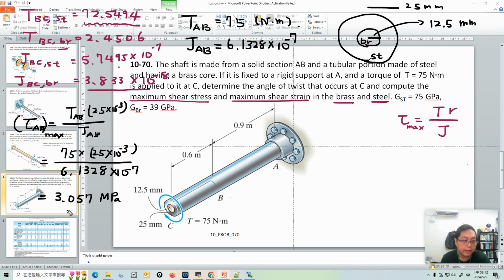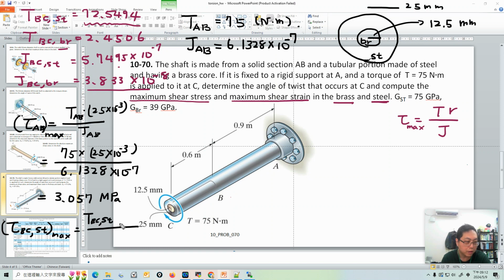Next, we have to calculate the steel for the BC section, the maximum shear stress in BC, but from steel. So we need to know the T in the BC section from steel.